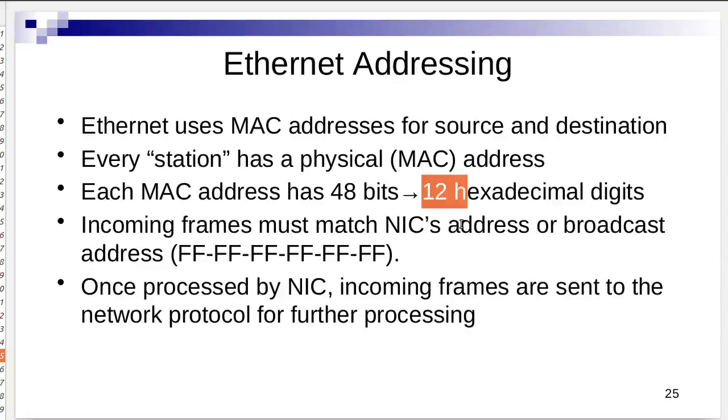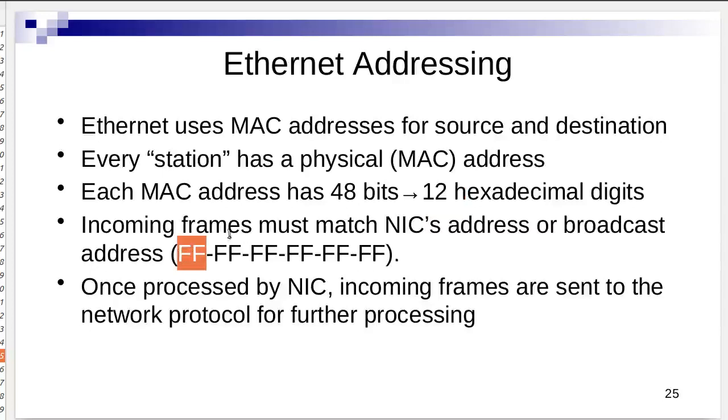Either that, or the destination MAC address of the incoming frame has a broadcast address of all ones, that's binary ones, or hex Fs. F is just 1111, so 2 Fs is 8 ones. Okay, so you have 6 bytes or 6 sets of 8 ones, so 48 ones will indicate that it's a broadcast MAC address.